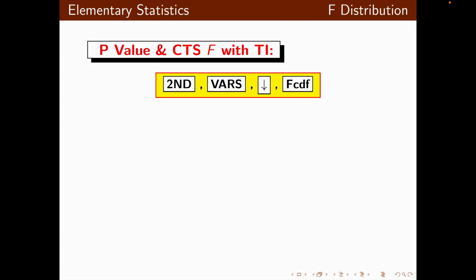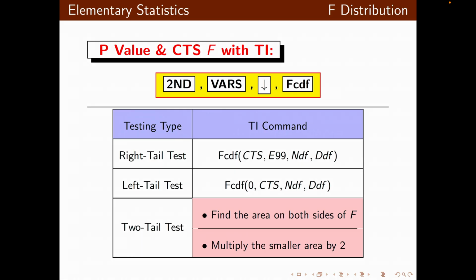For the right tail test, the lower value will be CTS and the upper value will be E99. For a left tail test, the lower value will be 0 and the upper value will be the CTS. And for a two-tailed test, as we mentioned, find the area on both sides and multiply the smaller area by 2.